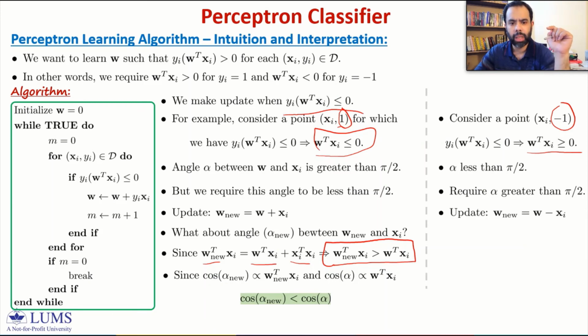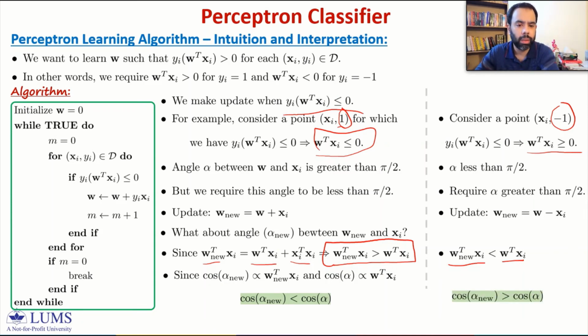So we update W new as W minus xi, and the consequence of this is that the new inner product is less than the previous inner product, and consequently cosine of alpha new is less than cosine of alpha, and also alpha new would be greater than alpha because cos in this range is monotonic.